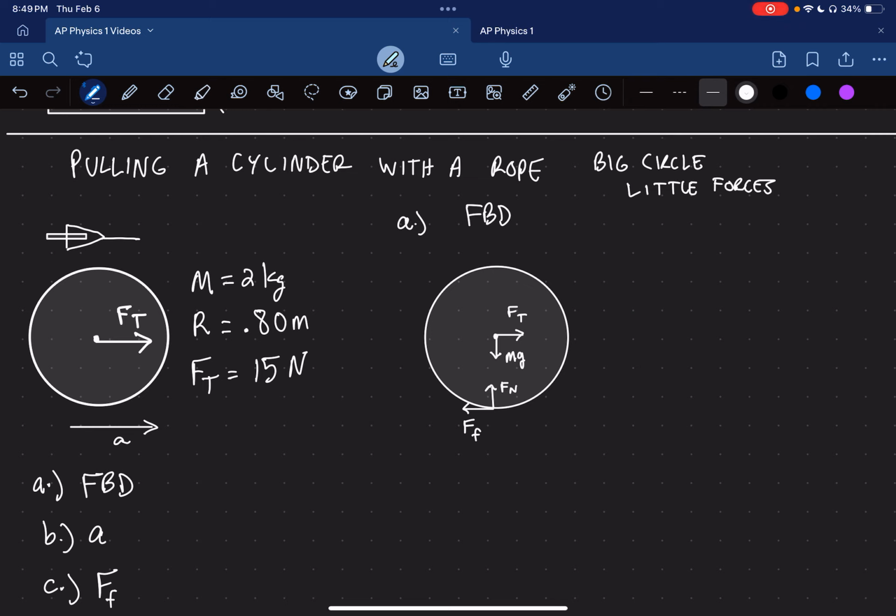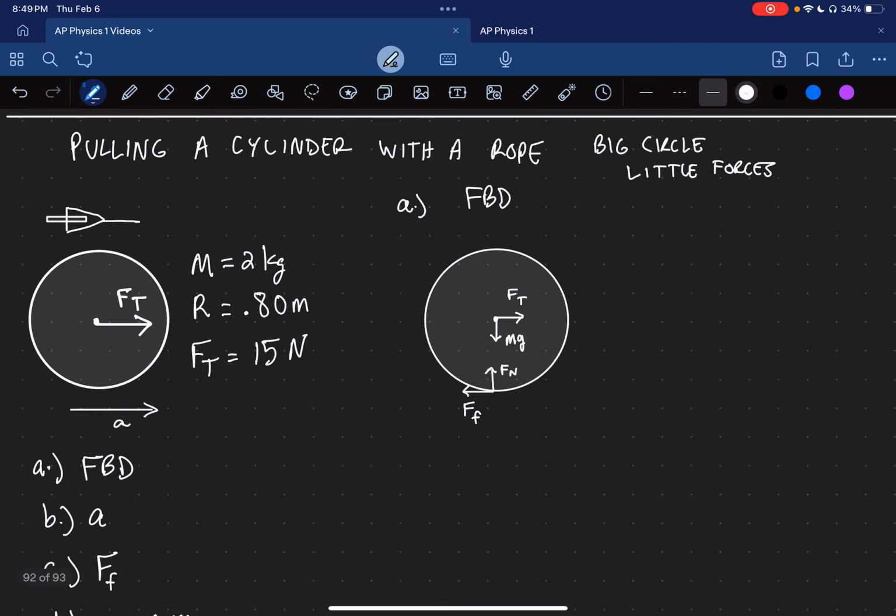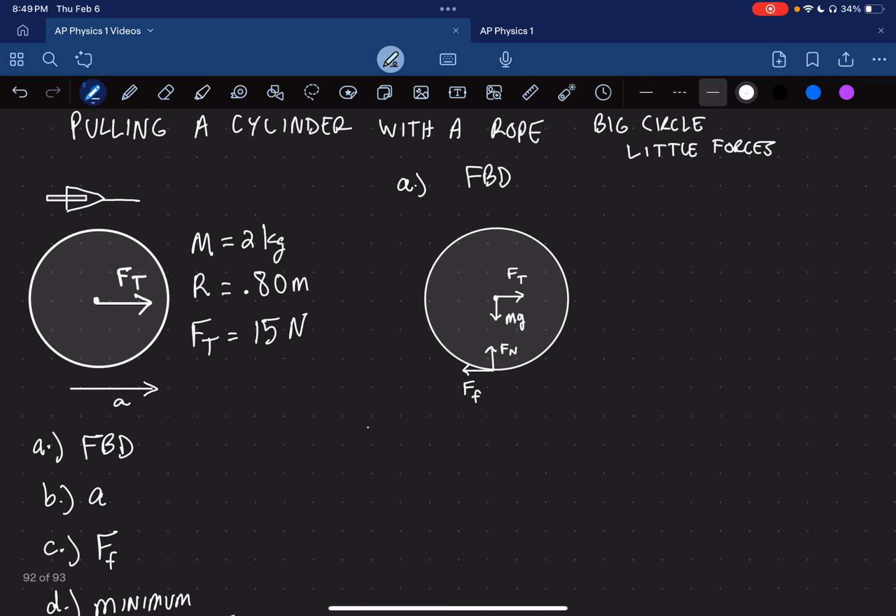Why is the friction force pointed in that direction? We've done problems before where friction force is actually in the direction of the acceleration of the object, but so why is it going that way? Well, we're going to answer that exactly right now. Next thing we're going to do is write our equations.